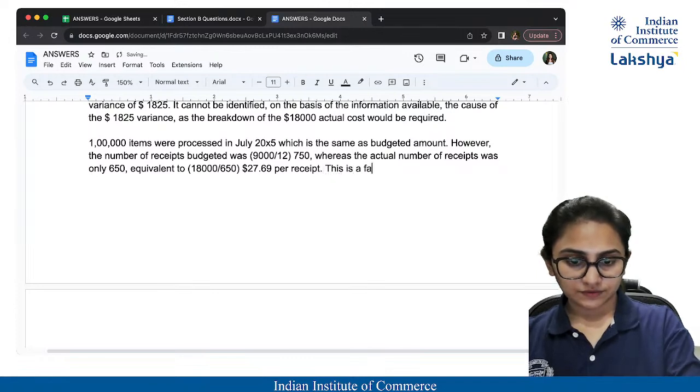This is a favorable variance of $2.81 per receipt.